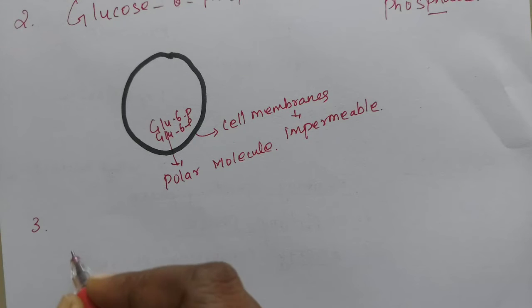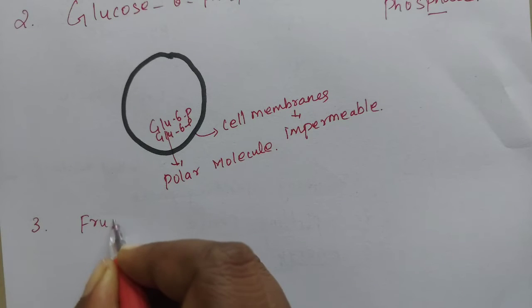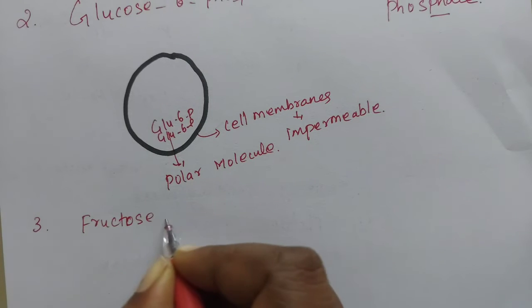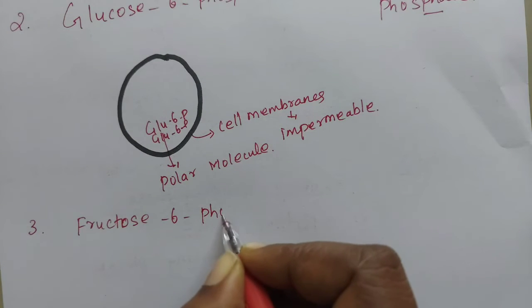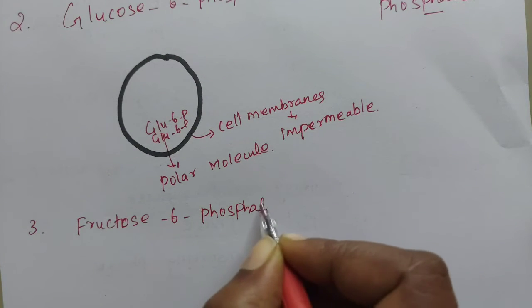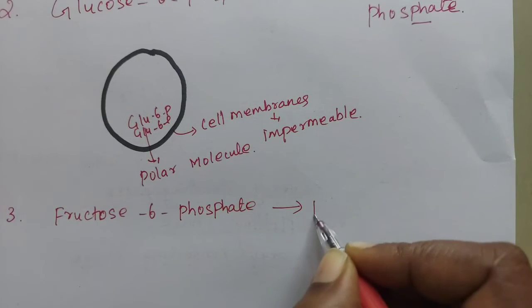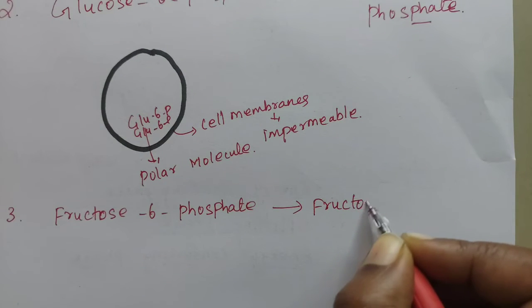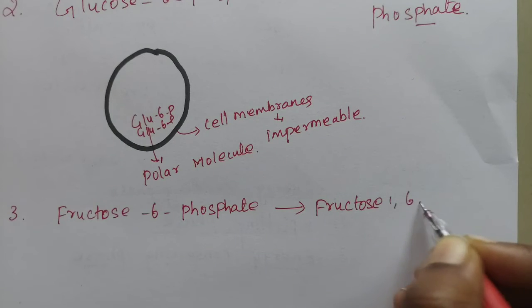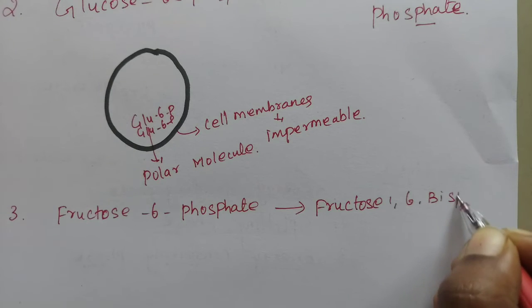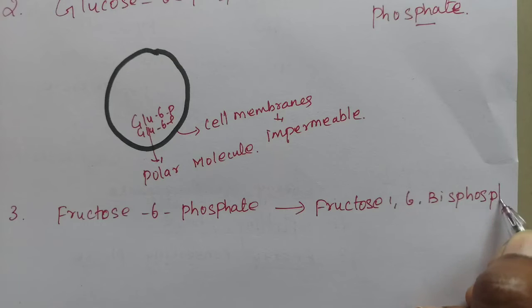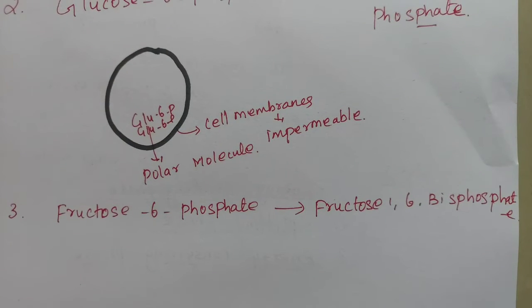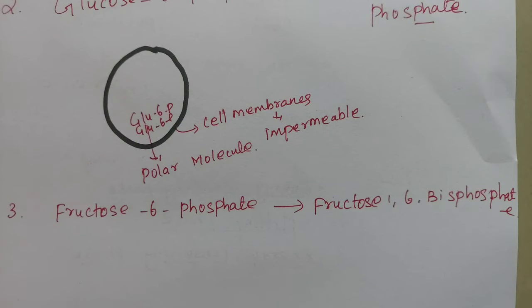Now, the third step of the energy spending phase: formation of fructose 1,6-bisphosphate from fructose 6-phosphate.